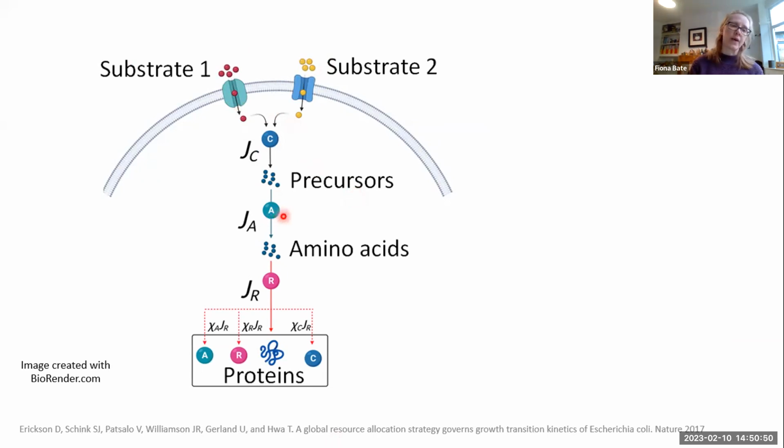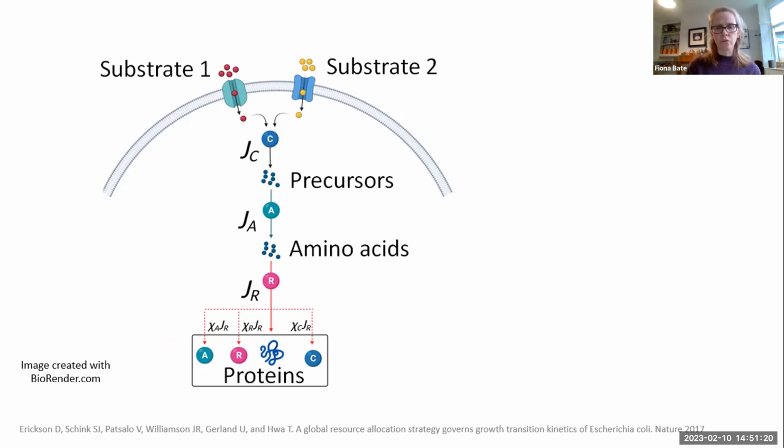These are then built up by anabolic enzymes into amino acids, and then the ribosomes build proteins. How much of each different protein is produced is decided via regulation functions in the model, which I will talk about later on.